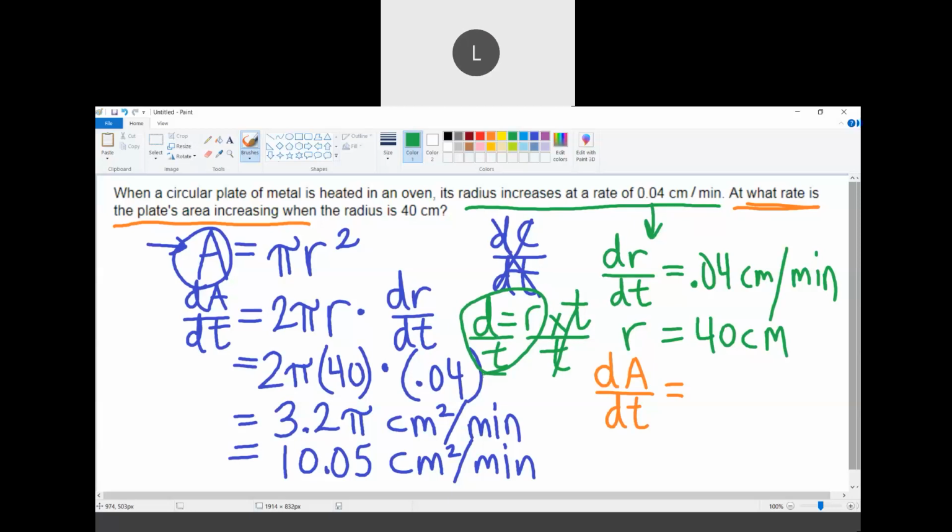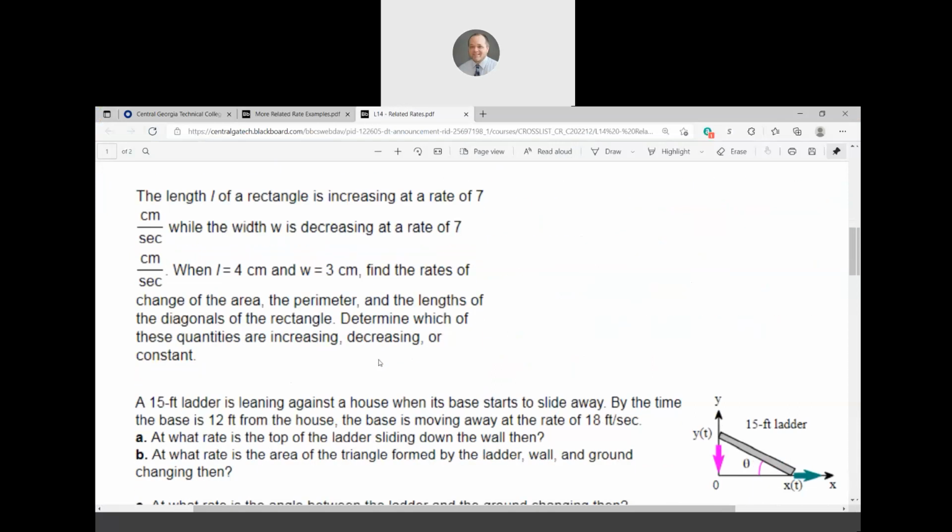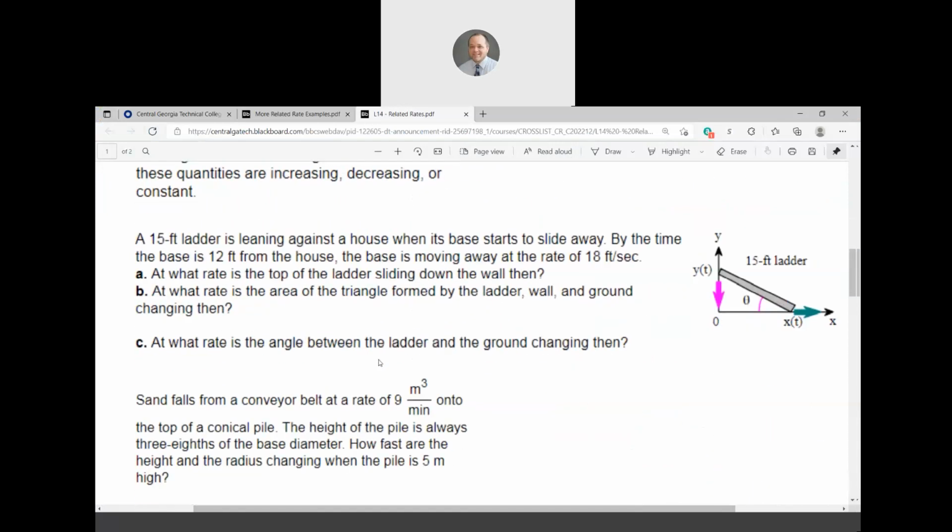On campus, any questions here? All right, let me find another example for us to do. And I have not worked this one out ahead of time, so it may take me one or two times to get it.